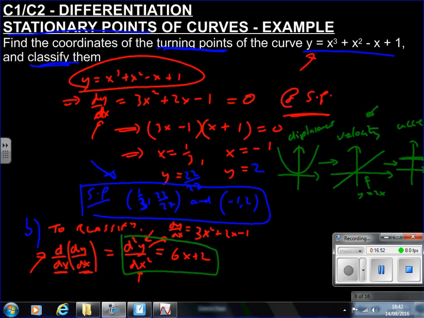So if your acceleration is at its minimum and then it's starting to get bigger and bigger, then you must be increasing your velocity, and therefore your gradient must be going positive, okay?